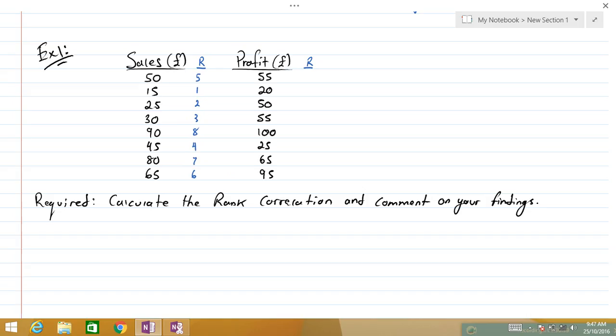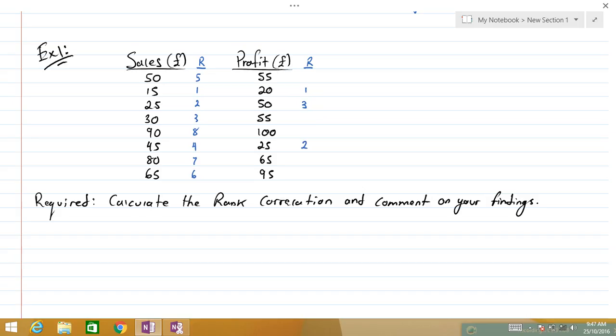So for profit, which one is the first one? 20. Then 50. Then 55. Which 55? First one or second one? Together or separate? How does it work?